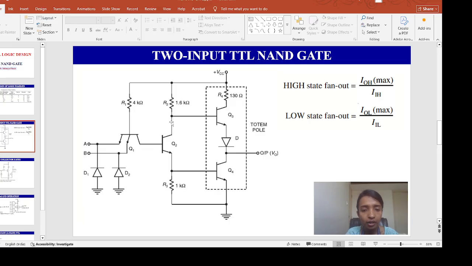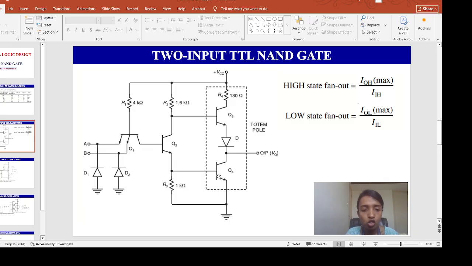So this Q4 is now turned on. And the collector current of transistor Q2 flows through R2, so it will produce some voltage drop across this resistor R2. This will reduce the voltage at the collector of Q2, and the collector of Q2 is directly connected to the base of transistor Q3, so it will make Q3 off.